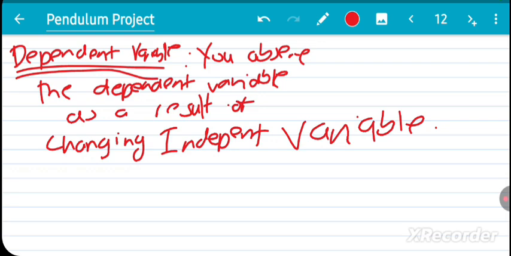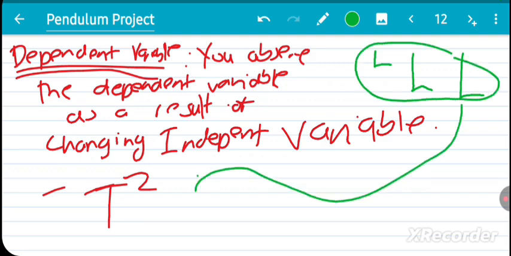So it makes sense here that t² is our dependent variable, because we are changing the independent variable L in order to observe its effect on t². T² depends on this changing here.